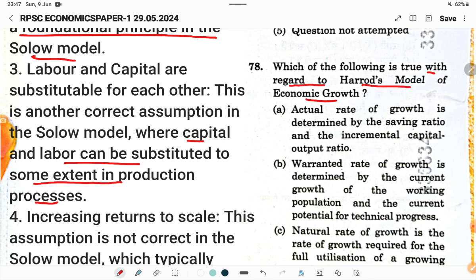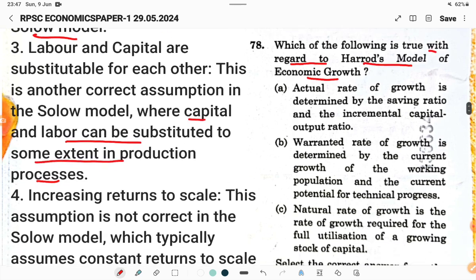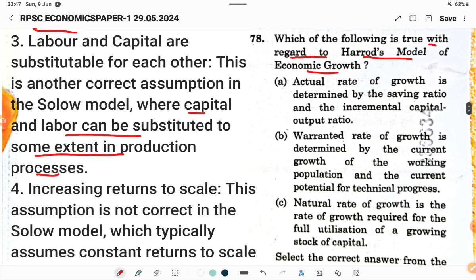So the first statement is: actual rate of growth is determined by the saving ratio and incremental capital output ratio.